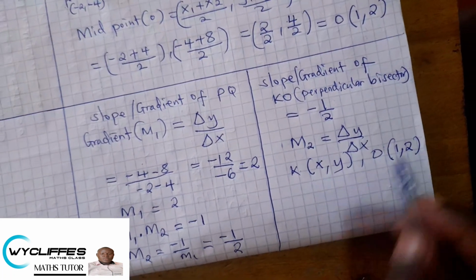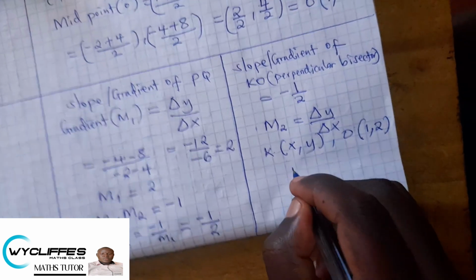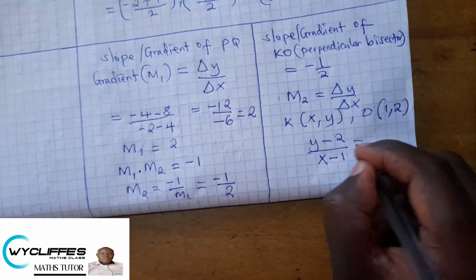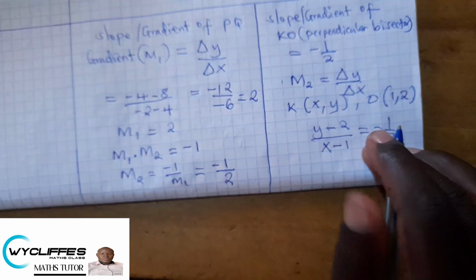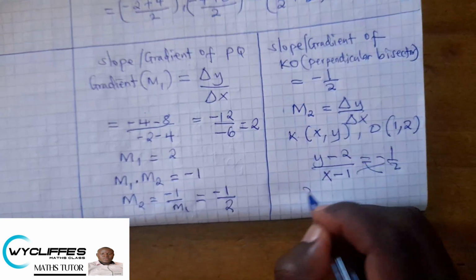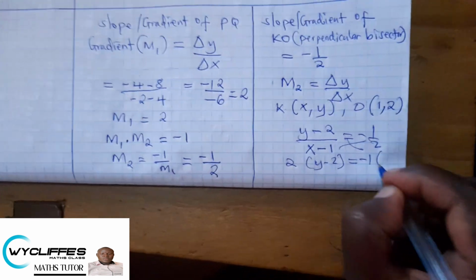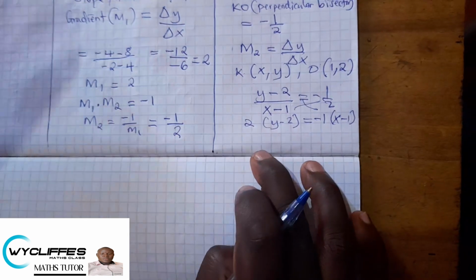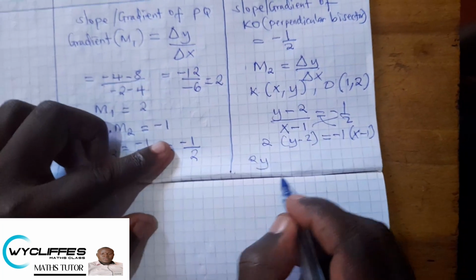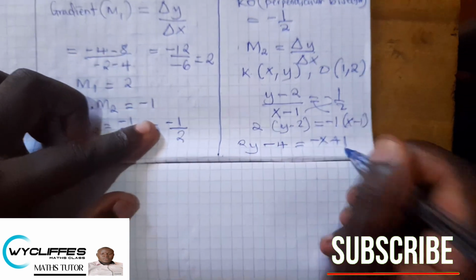So we use these points. Change in y, that is y minus 2, over change in x, x minus 1, is equal to negative a half. You cross multiply. We have 2 multiplied by (y minus 2) equals negative 1 multiplied by (x minus 1). So 2y minus 4 equals negative x plus 1.